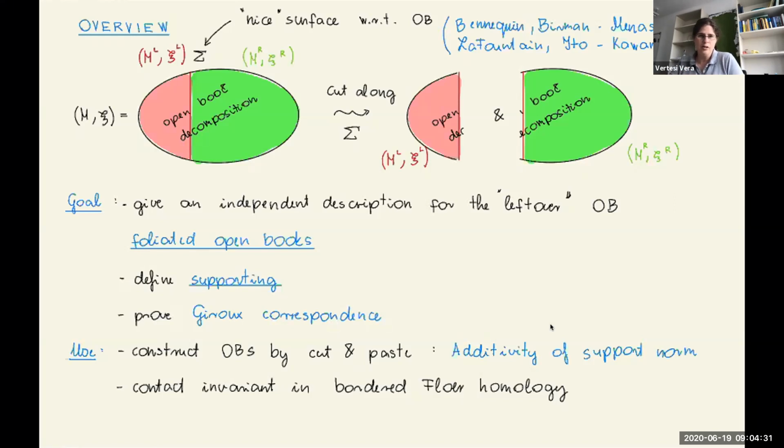And then Ito and Kawamuro recently, with Menasco, proved the Jones conjecture using them. And all of this happened in S3 with the standard contact structure, with the standard open book, the disk open book. And then recently there is a generalization of all of this for surfaces in any open books. And this is done by Ito and Kawamuro, and these are the ones we're going to use.